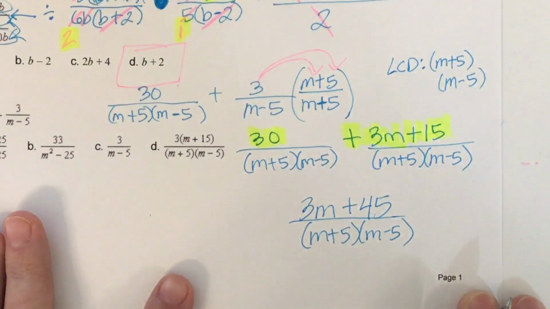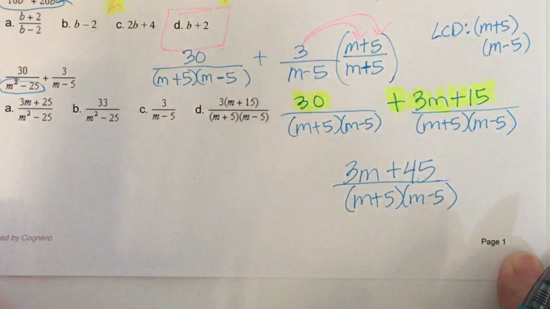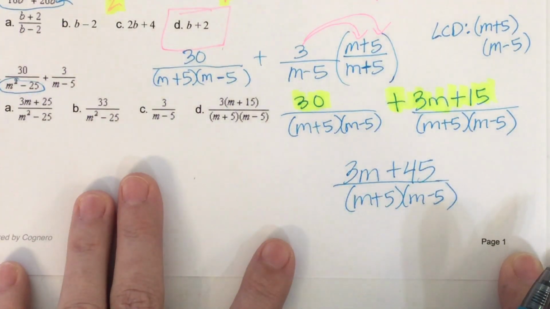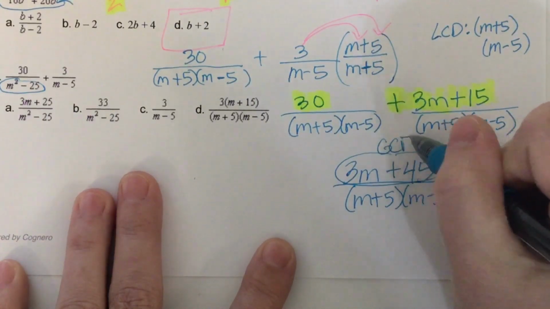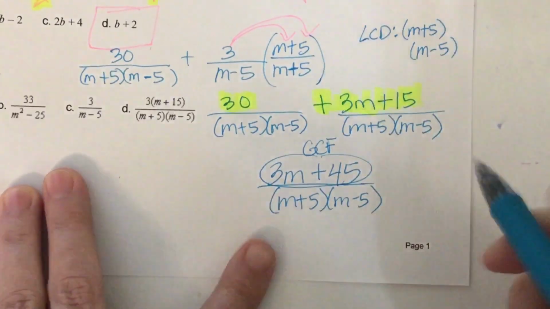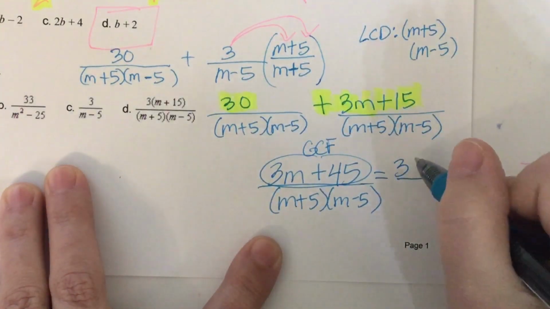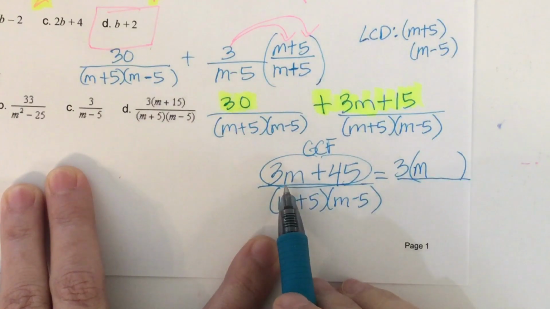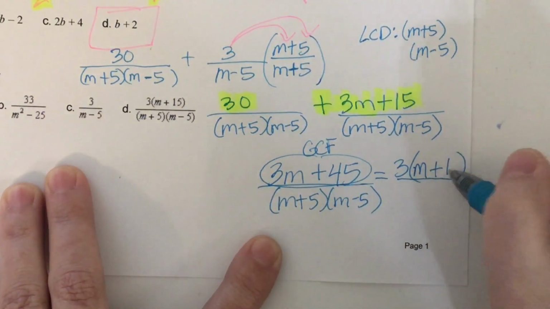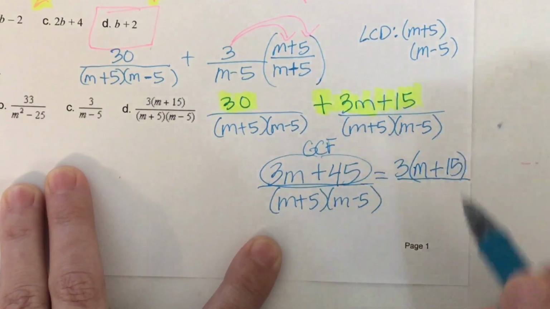Now, sometimes you're done here. But if you look at the answer choices, none of the answer choices say this, so that means we can do something else. We can factor out a GCF from the numerator, and it's a 3. 3 is the biggest number that can go into 3 and 45, so I'm going to take it out. So 3 times m makes the 3m, and 3 times 15 makes the 45, and then I'm going to recopy the denominator.